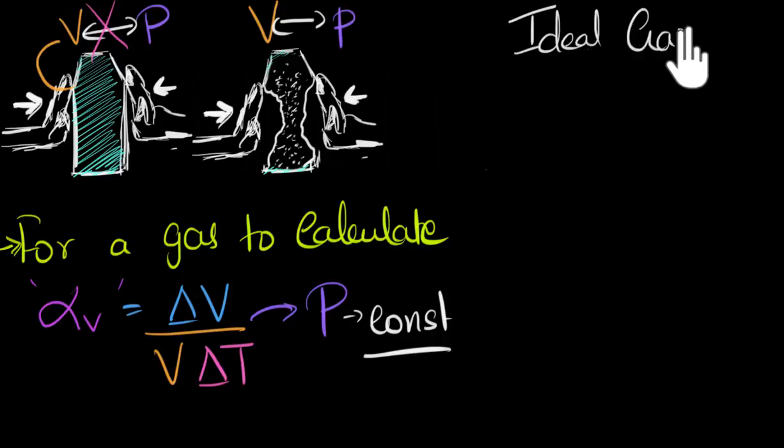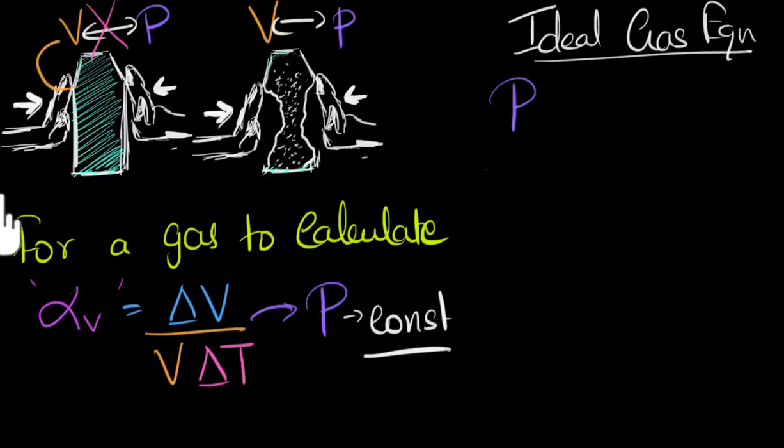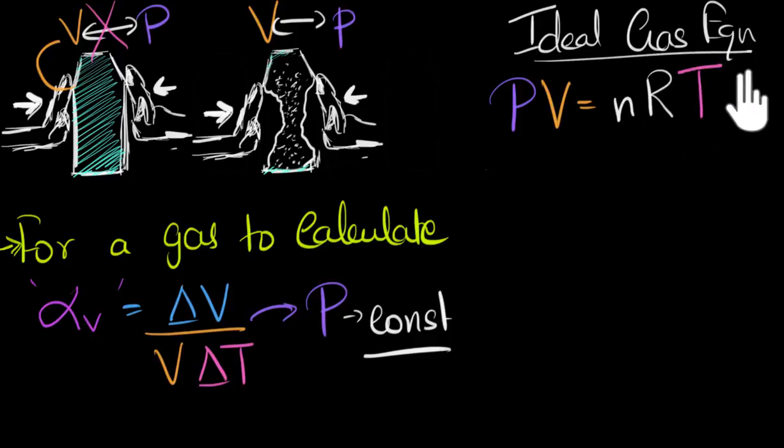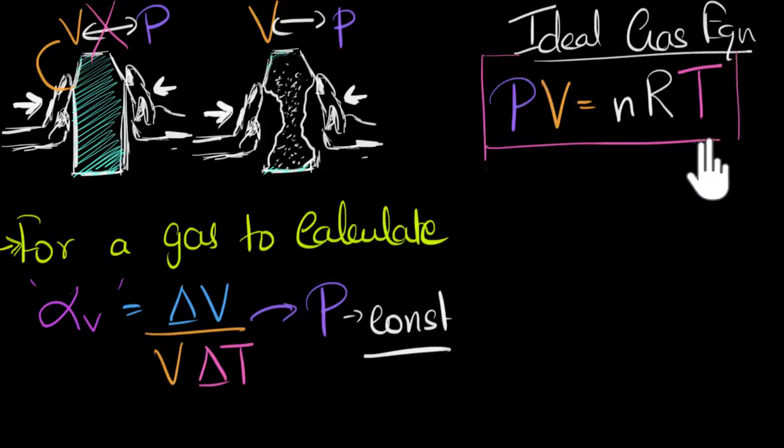The equation says if you take pressure and multiply it by volume, PV equals nRT, where n is the number of moles, R is a constant called the gas constant, and T is the absolute temperature in Kelvin. Now in reality, most real gases don't obey this equation, but they come pretty close to this.